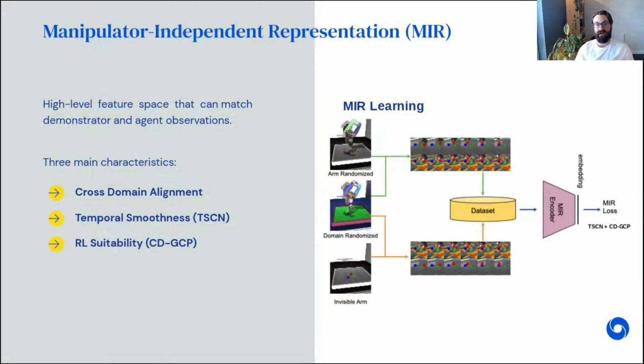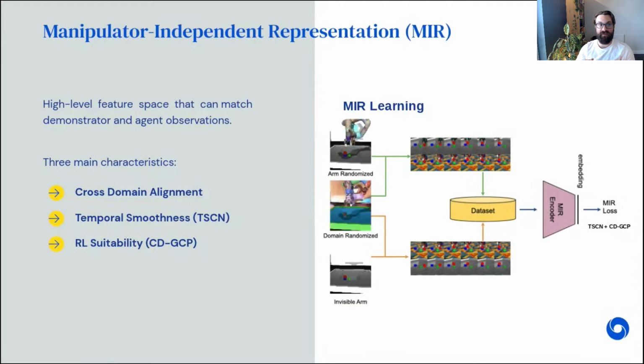To recap, to give you a full picture of the framework for obtaining our manipulator independent representations, we learn a high-level feature space that can match demonstrator and imitating agent observations. And this space has three main characteristics: cross-domain alignment, temporal smoothness, and reinforcement learning suitability.